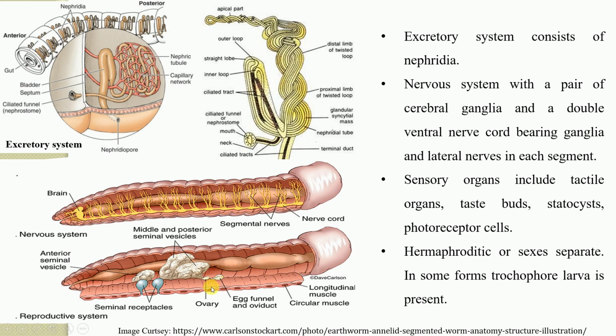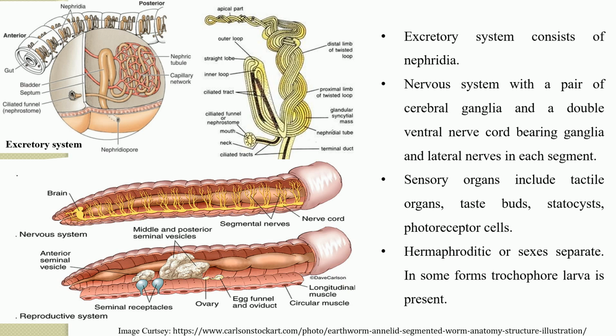So here in this diagram you can see the ovaries, and if you see the example of the earthworm, you will find both male as well as female reproductive organs showing the hermaphroditic condition. But this is not universal for the annelidan organisms. Some annelidan organisms are provided with separate sexes also. So maybe they show either the hermaphroditic condition or the sexes are separate.